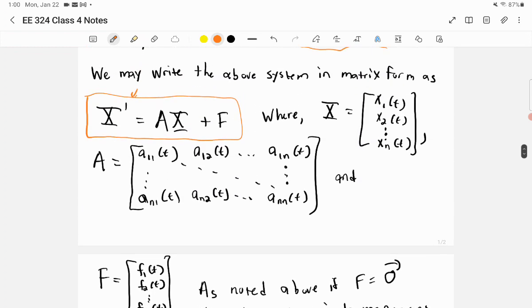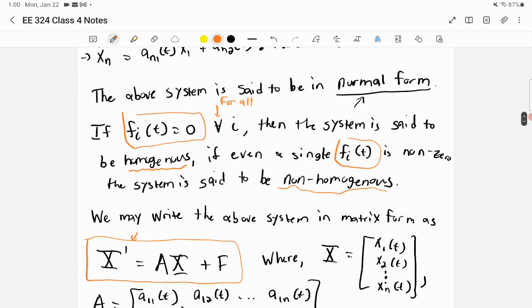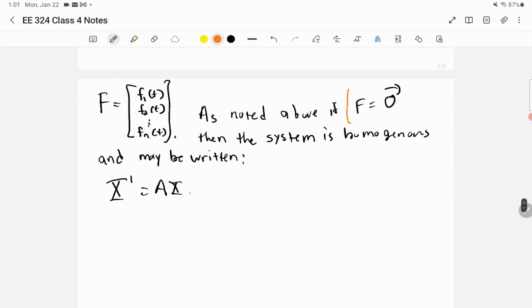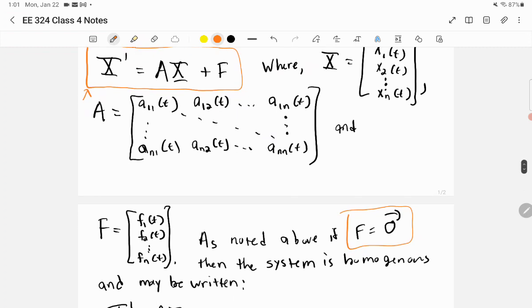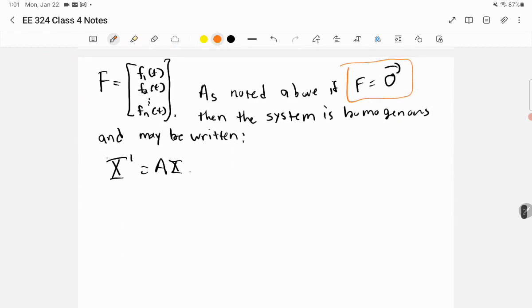And just to reiterate what was said up here, if f is equal to the 0 vector, which means all of the entries of that vector are 0, all n of them, then obviously, if f is 0, it just goes away, and we can just write it like this. So if you see something written in terms of this without an f vector on the end, that means that it's a homogeneous linear system.